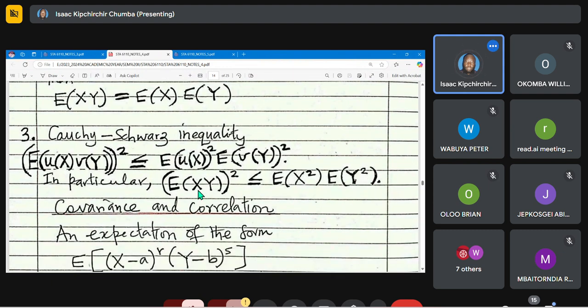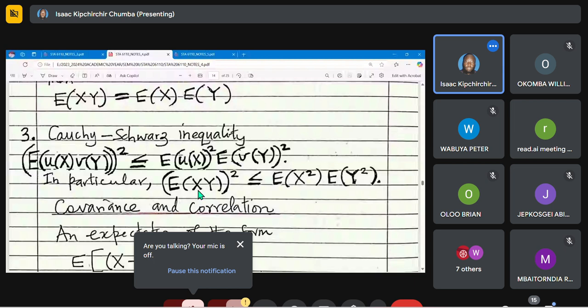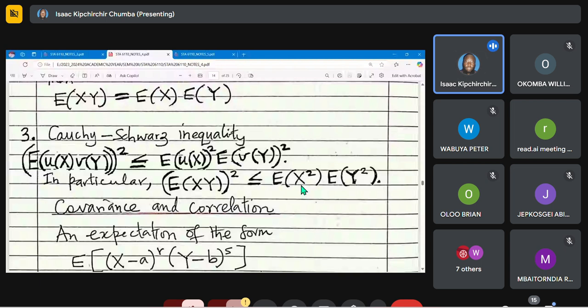So we are saying the square of the mixed moment about the origin is less than or equal to the product of the second raw moments.